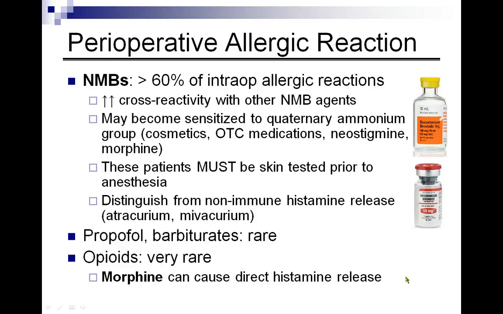There may be some cross-reactivity with other neuromuscular blocking agents, and patients may become sensitized to the entire quaternary ammonium structure, which exists not only in neuromuscular blocking drugs, but in cosmetics, over-the-counter medications, and morphine. So these patients really need to be skin tested prior to anesthesia, and this involves taking a small sample of whatever drug it is you want to use and injecting it just under the dermis to see if there's an immune response.